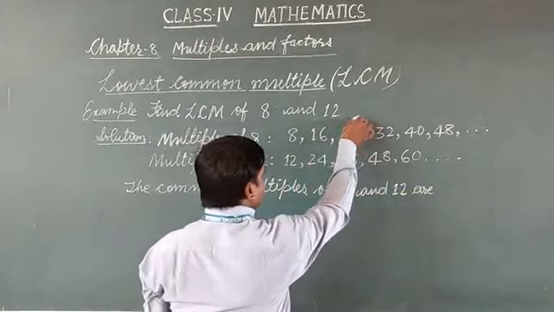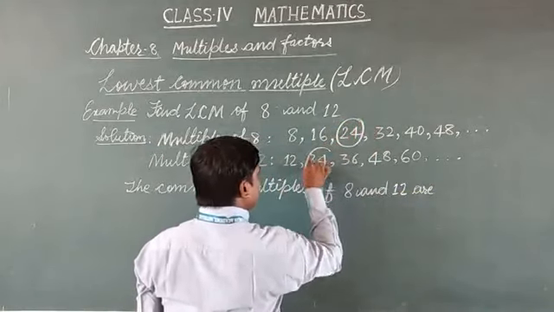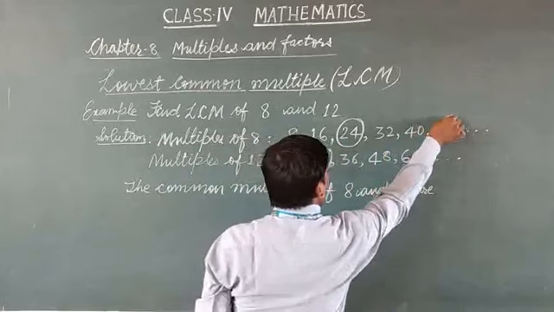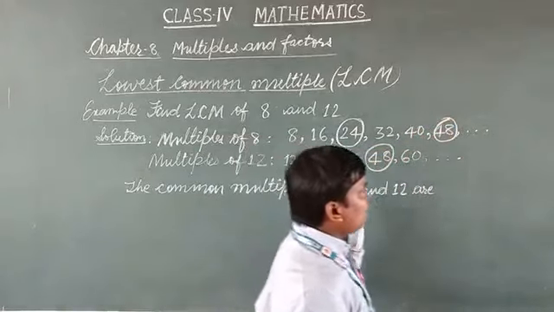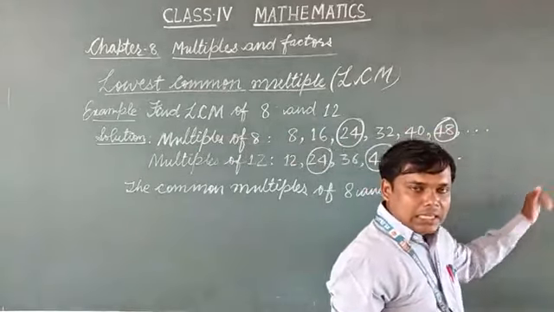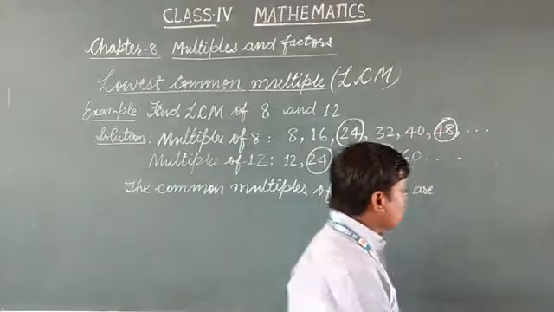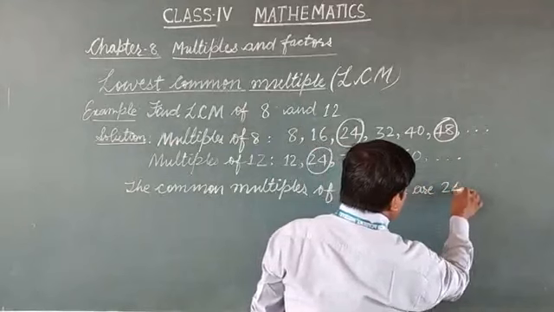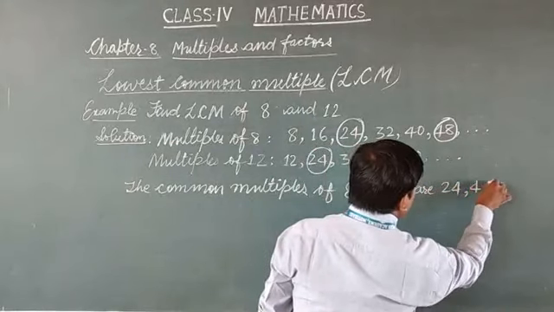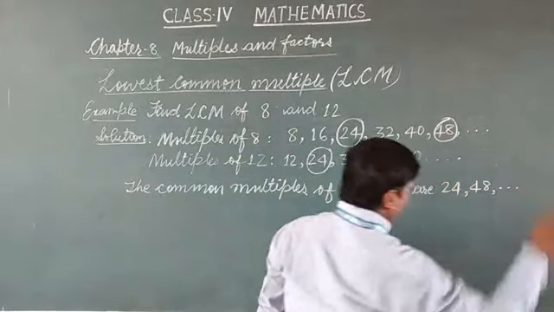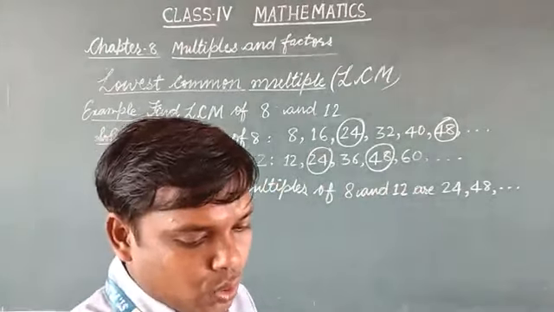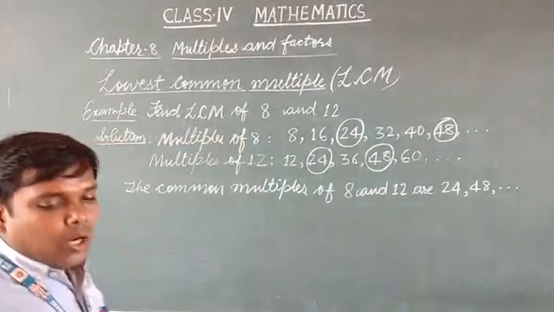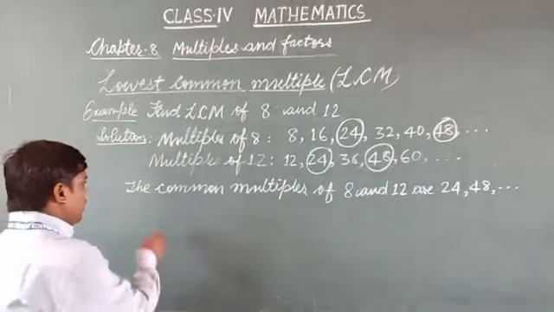We observe 24 is here, 24 is here, 48 is here, 48 is here, and if we write further, we will get other common multiples also. 24, 48, and so on.